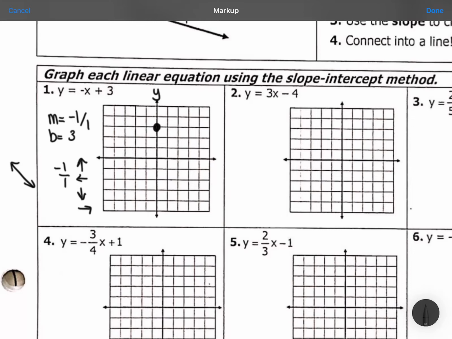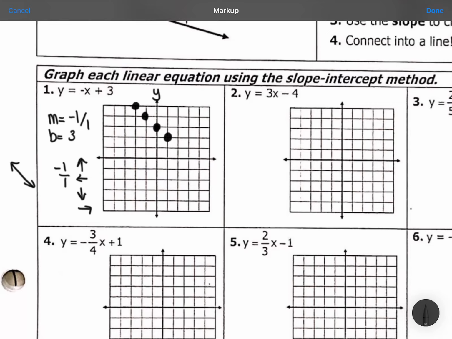All right, so I know my slope is negative 1, so from my point that I just put, that 3 on the y value, we're going to start there. That's my starting point. And we're going to go up 1 and then left 1 because it's negative. And I can continue to do this a few more times until I run out of space. And then if I run out of space, I can go down and to the right to follow that same pattern.